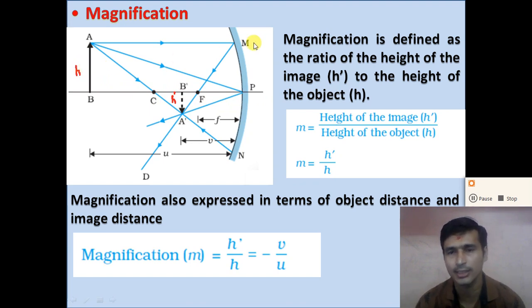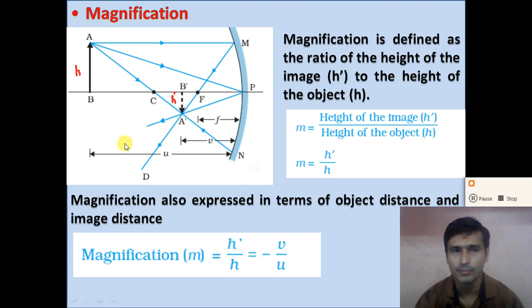So the formula of the magnification is m is equal to height of the image h dash divided by height of the object h. So we get m is equal to h dash by h. By this formula, we can calculate the height of the image of an object in case of both the concave mirror as well as the convex mirror, right?